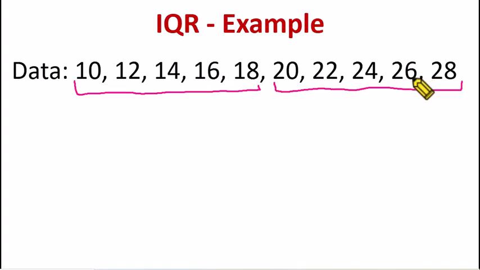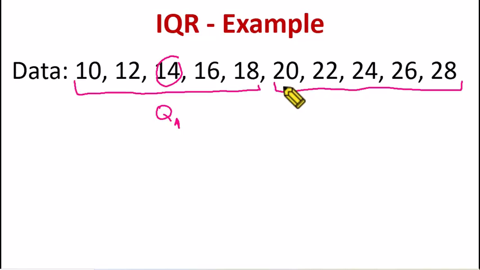Q1 is the median of the lower half. So if you look at the lower half, the number that's in the middle for these 5 elements is 14. So this is our Q1, lower quartile or first quartile.